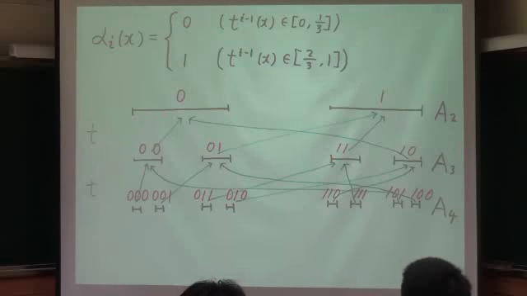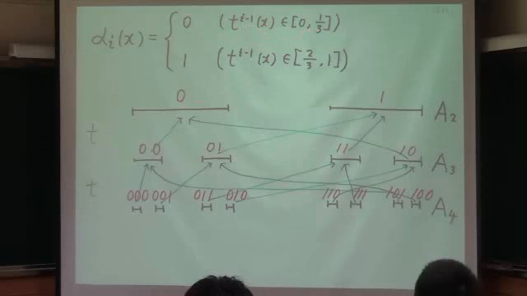Let me consider the first, alpha 1 x. Since i is 1, T to the 0 of x is x.